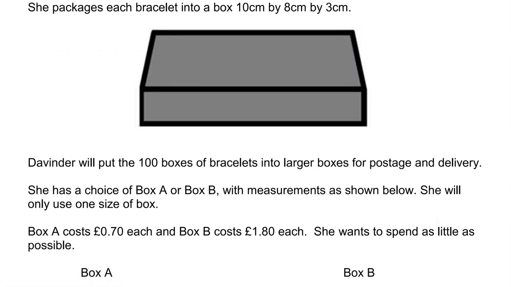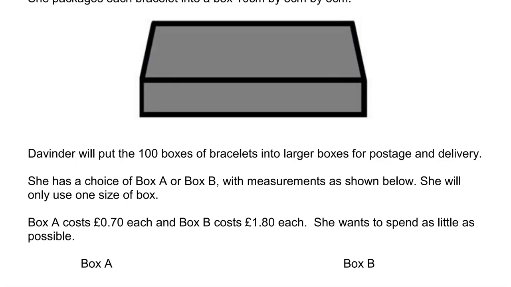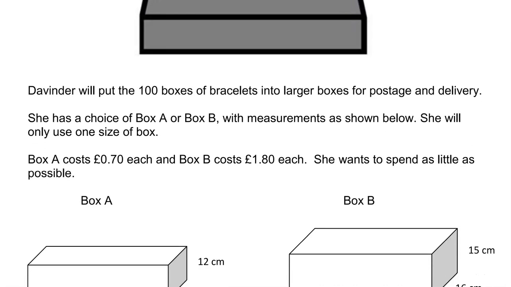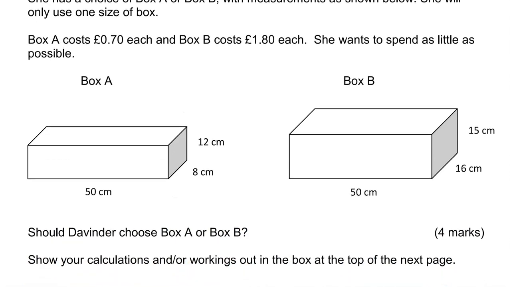Box A costs 70 pence each and box B costs £1.80 each. She wants to spend as little as possible, so we've got box A and box B. Should Davinder choose box A or box B? Show your calculations and her workings out in the box at the top of the next page.